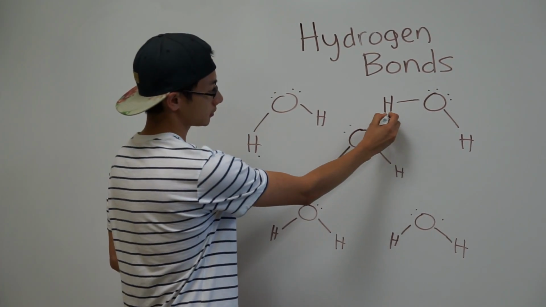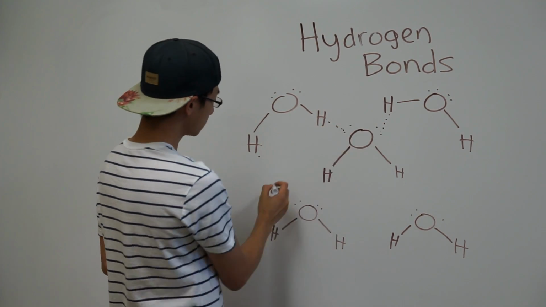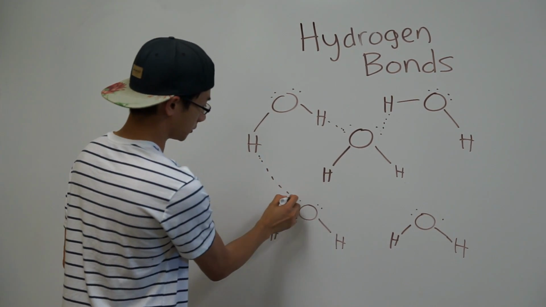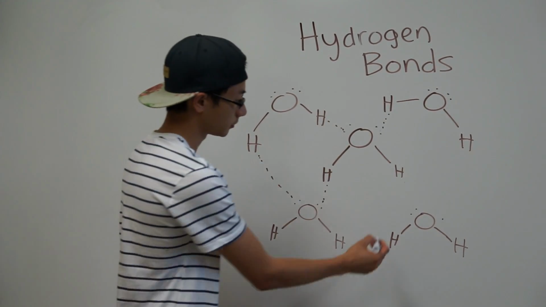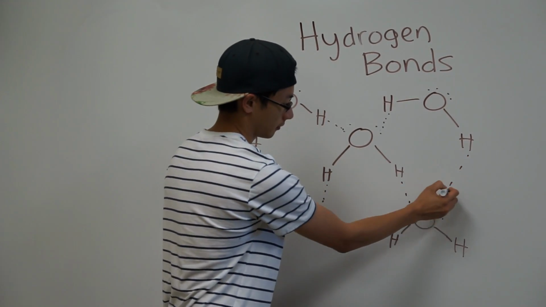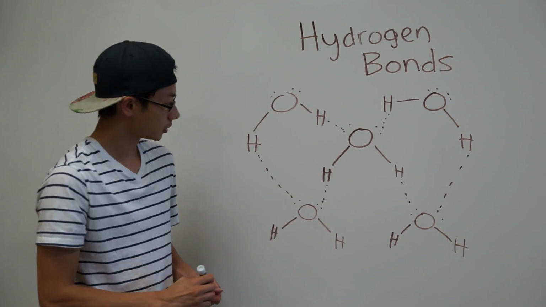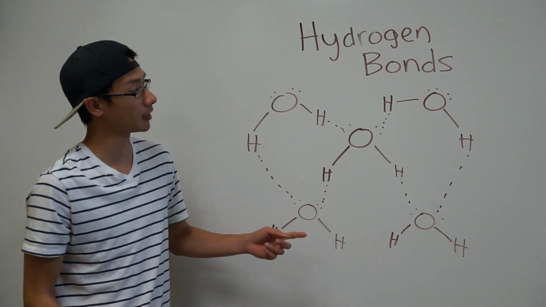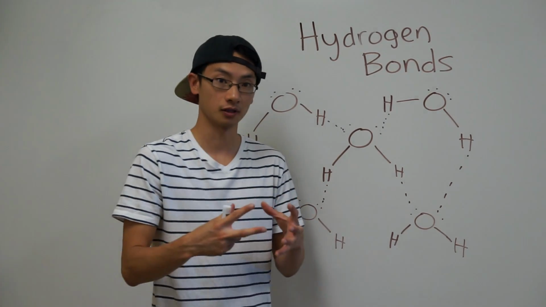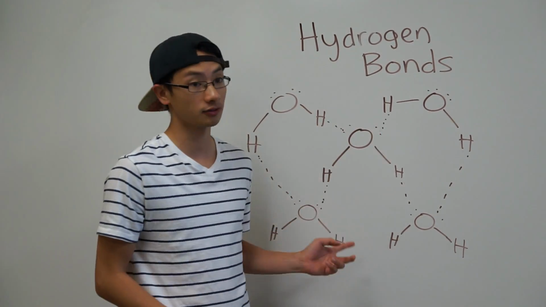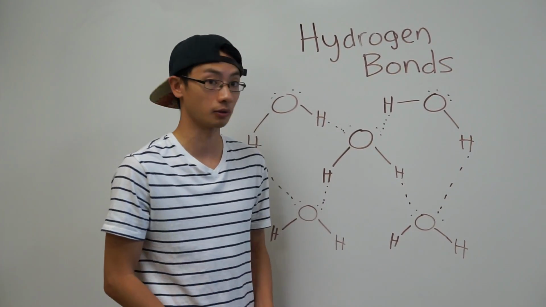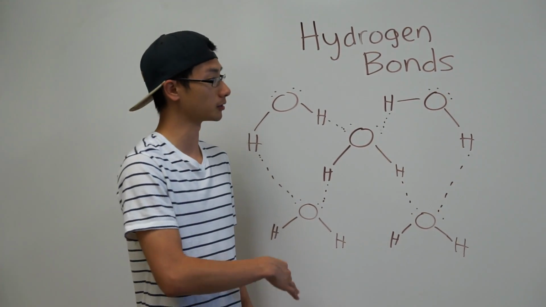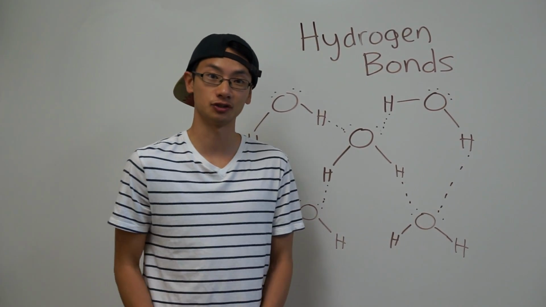These hydrogen bonds aren't actual bonds, they're just hydrogens that interact with the oxygens within each molecule. So these interactions allow the water molecules to form liquid, and because of these interactions, it raises the boiling point of these water molecules so that the boiling point is 100 degrees Celsius.